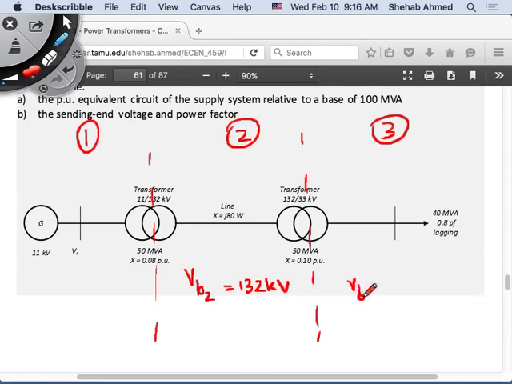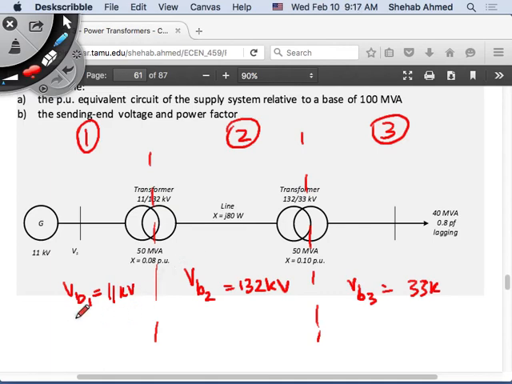So this is 132, and then it's easy to say this is 33 because the transformer happens to be 132 to 33. How about here? V base 1: this is 132 and this is 11, so it's a 132 to 11 kilovolt transformer. So the base here, V base 1, is 11 kilovolts. So base voltages selected, right?